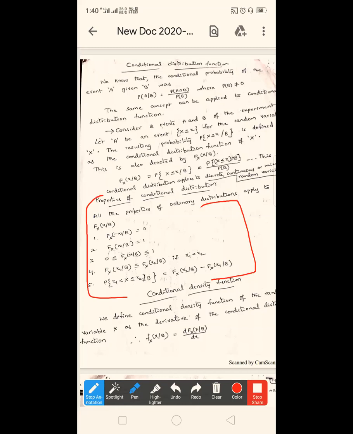Okay, so all of you see the first property. First of all, the conditional distribution function can be represented with capital Fx of small x given B. Generally, the normal cumulative distribution function is represented with capital Fx of x, isn't it? But this is a conditional distribution function, that's why you have to write given B here. Within the brackets you write slash B. Slash means given.